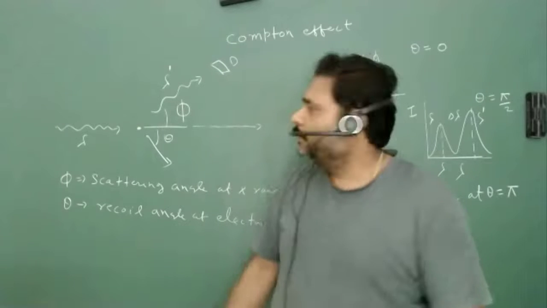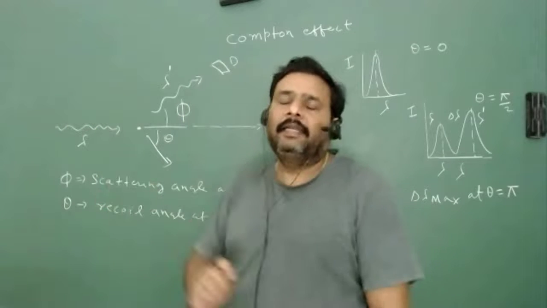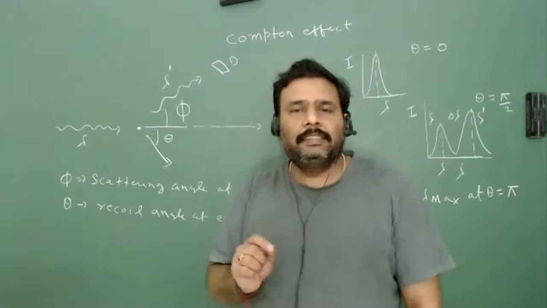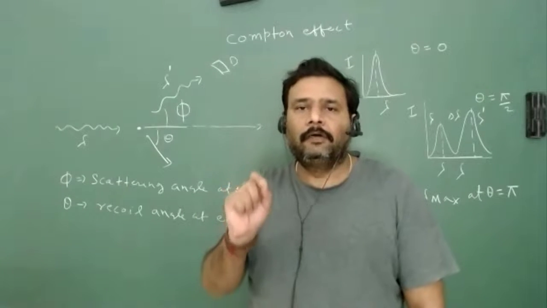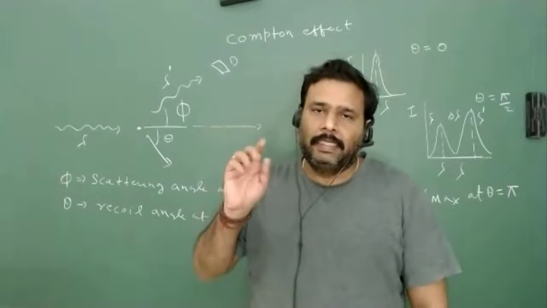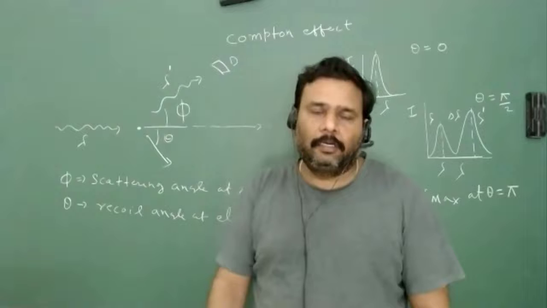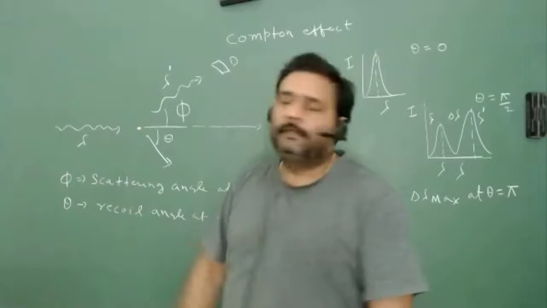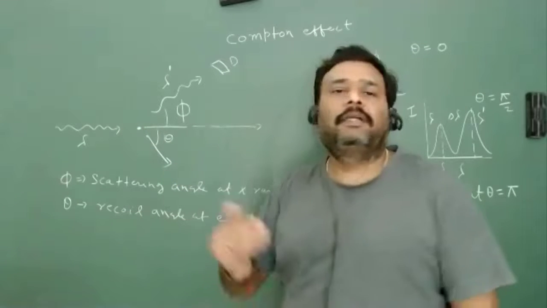The assumption is that light is not behaving just like an electromagnetic wave, but light is behaving like a massless particle, which is known as a photon. This particle will collide with this electron and give some energy to it, such that it can recoil with some momentum.